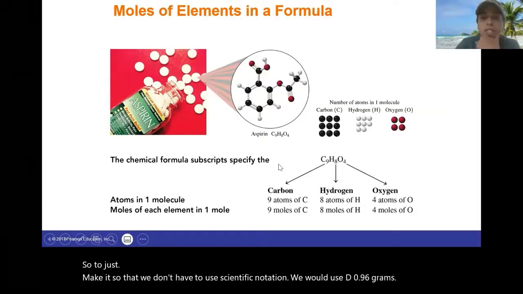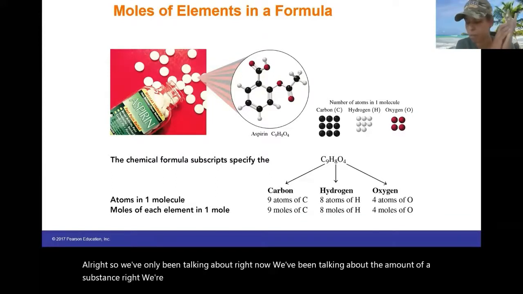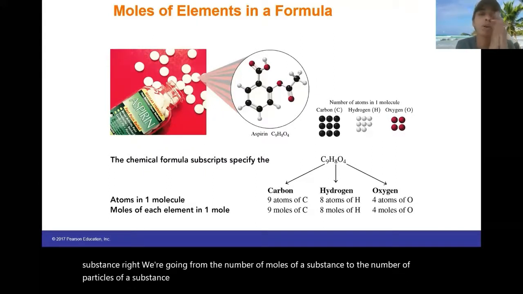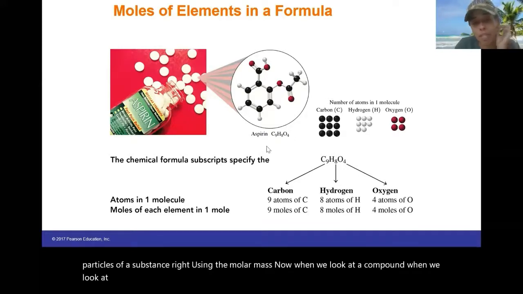All right, so right now we've been talking about the amount of a substance. We're going from the number of moles of a substance to the number of particles of a substance, using the molar mass. Now, when we look at a compound, when we look at a chemical formula, we're looking at aspirin.